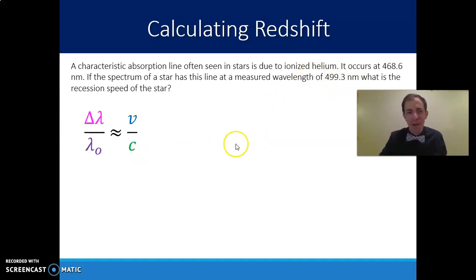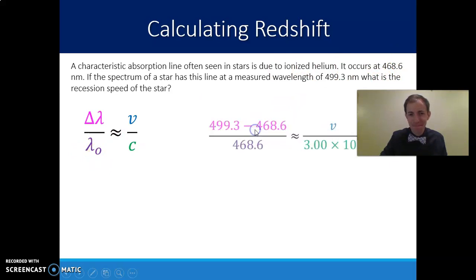Okay, so the trick here is basically figuring out what to do with these numbers. There's clearly a difference between them. So if I take the difference, I know the change in lambda, the change in the wavelength. If I know the wavelength that was being emitted, that is this one here, I can plug that in.